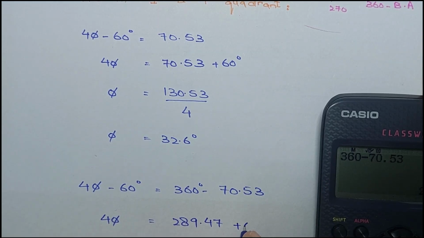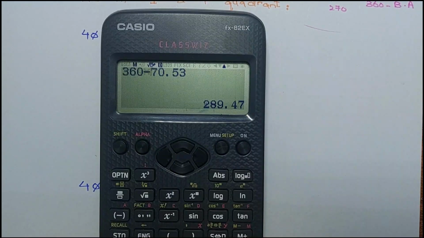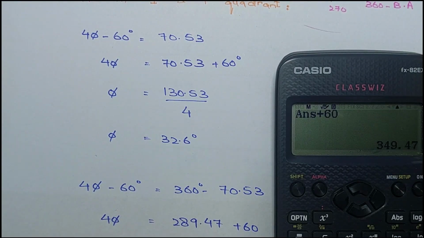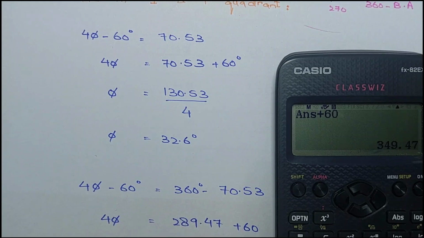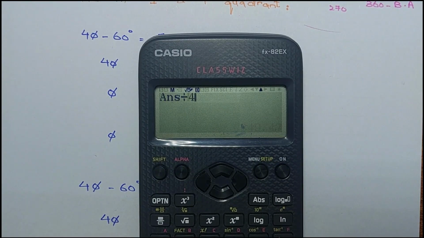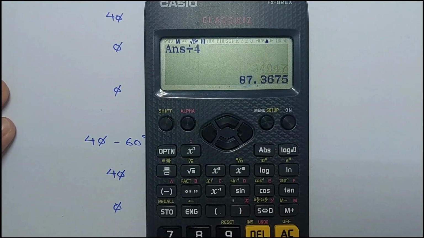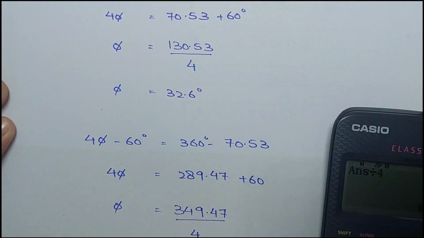289.47, and then add 60, shifting the 60 to the other side, so 4 phi would be equal to 349.47. Divided by 4, the other value of phi is 87.4 degrees. So this is phi, which is 87.4 degrees.